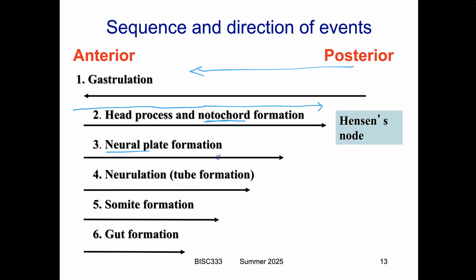So then you get the neural plate formation. That's when the ectodermal cells get taller and more columnar, and it looks like a thickening, followed by the actual formation of the tube, and then the somites, and then the gut. So that's the order in which those things take place.